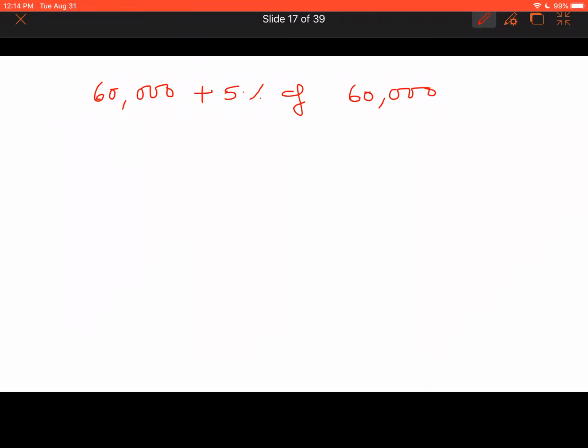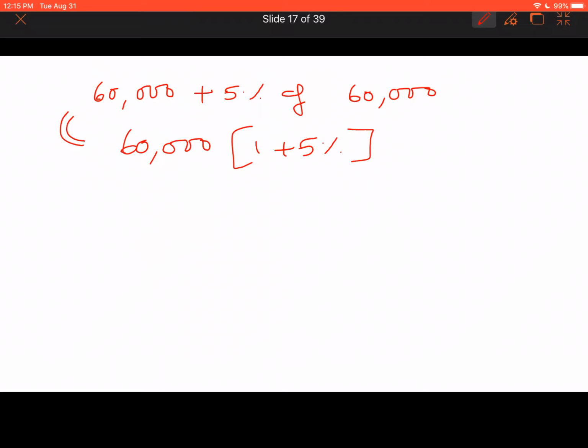So we can just write this as, in both the cases 60,000 is common, so I'm just taking it out and rewriting the formula like this. I've taken 60,000 out, so it's 60,000 times 1 is 60,000 and 5% is 5% of 60,000. So both the things are equal.